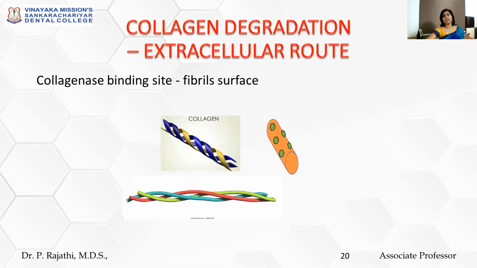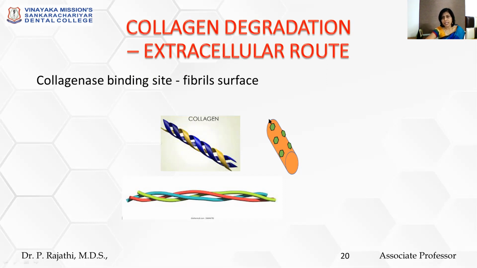Now let's talk about the collagen degradation that is going to occur by extracellular route. We talk about collagen, right? Collagen fibers are nothing but the periodontal ligament fibers. It's a triple helical structure. If you can see in this picture, it is a triple helical structure, three different fibrils, right?